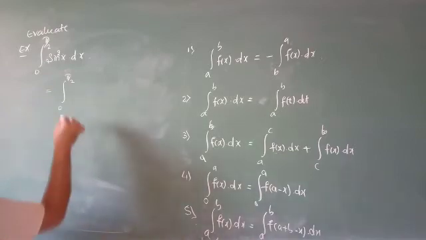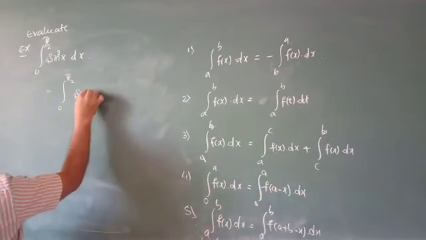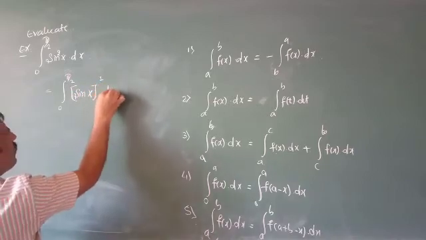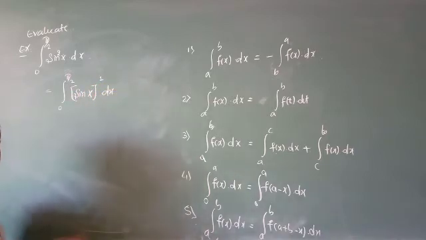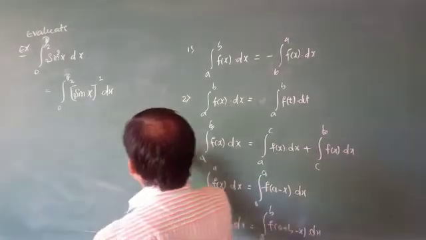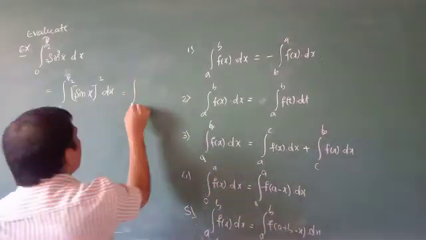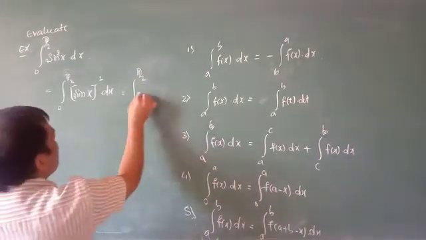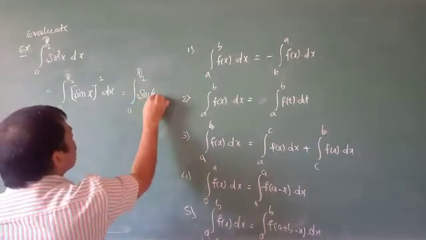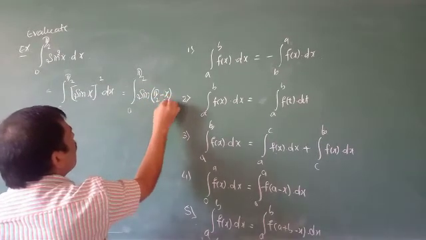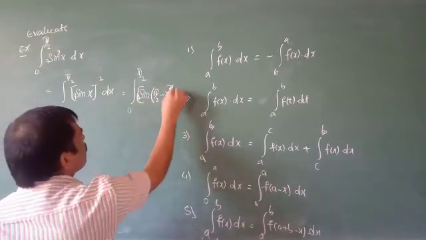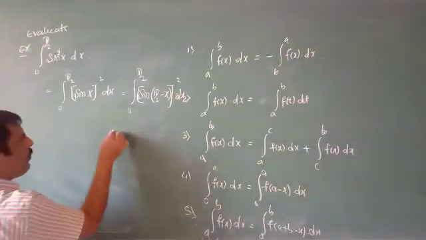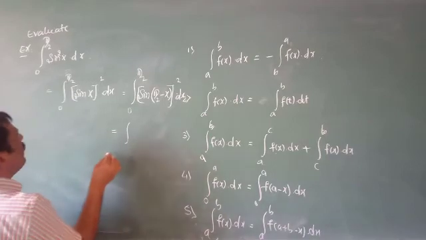We can write it as (sin x) whole square, right? Is there any mistake in it? It is equal to integral of 0 to pi by 2 of sin of (pi by 2 minus x) whole square.